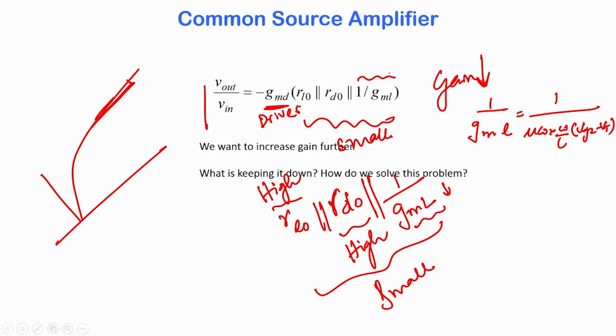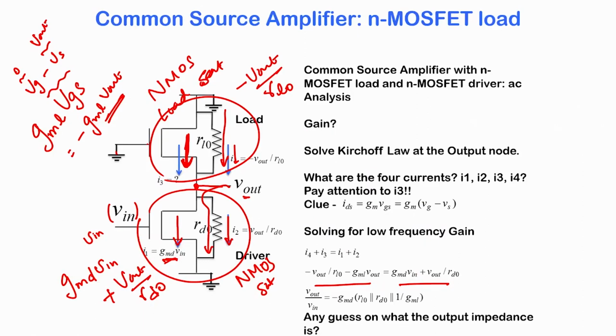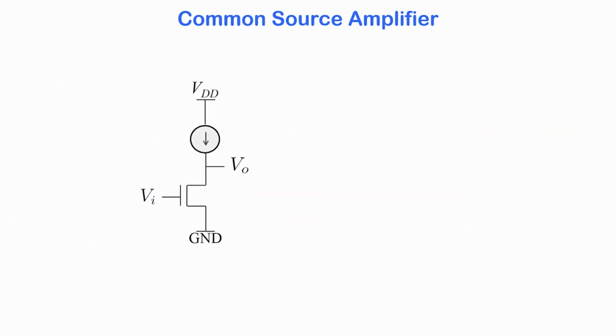And what is that GML due to? It is due to the gate to source voltage of this MOSFET, of this load, fluctuating, because it was an N MOSFET. Okay. So, how do I get my high gain? It looks like adding another N MOSFET does not work.